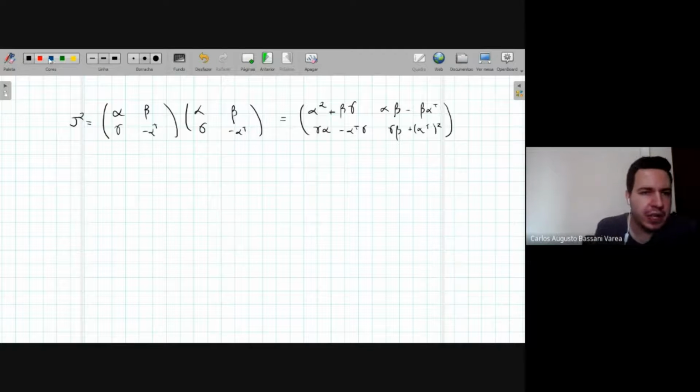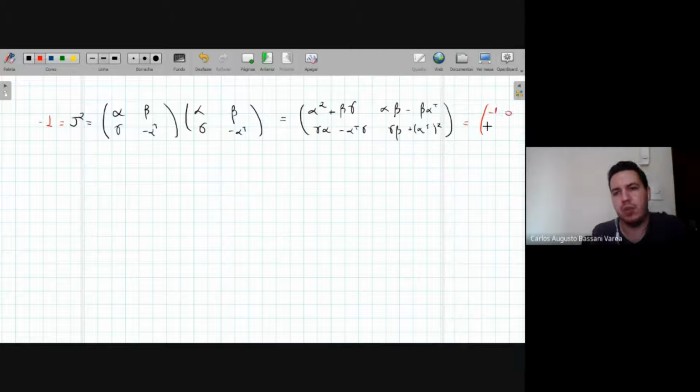And we are going to ask J squared to be equal to minus 1, so it must be equal to minus the identity. Okay?